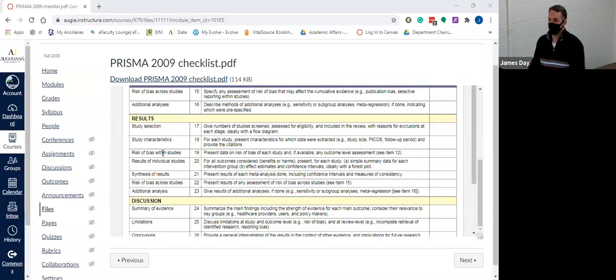So once you've written your results section, you then go to what should be the most fun portion of your paper. And that's the discussion. Because the discussion is whatever you really want it to be. You make your points.